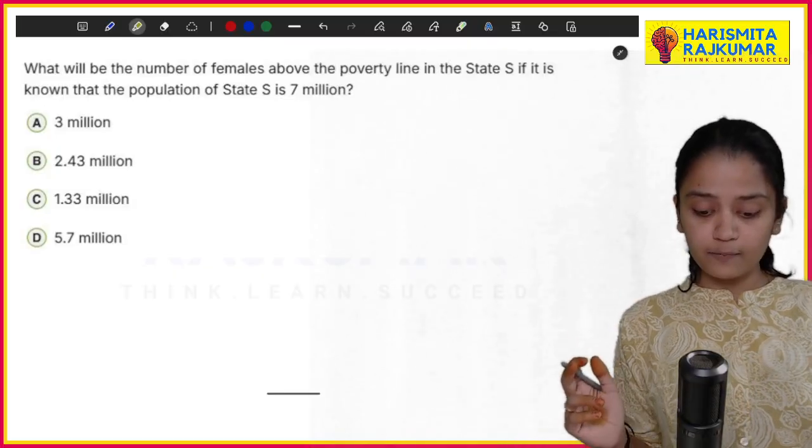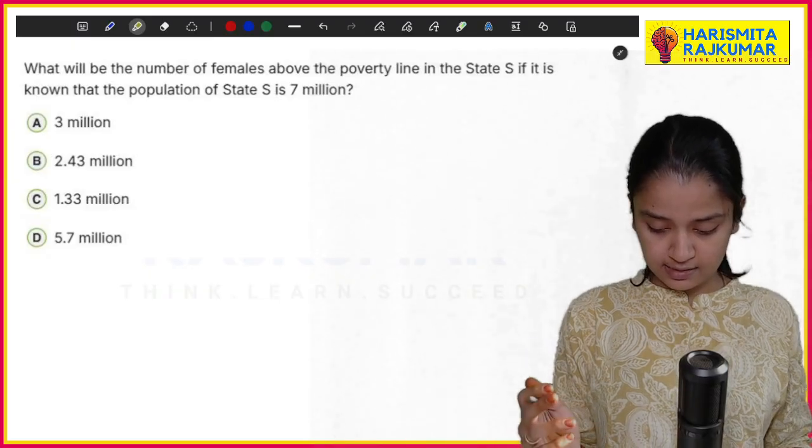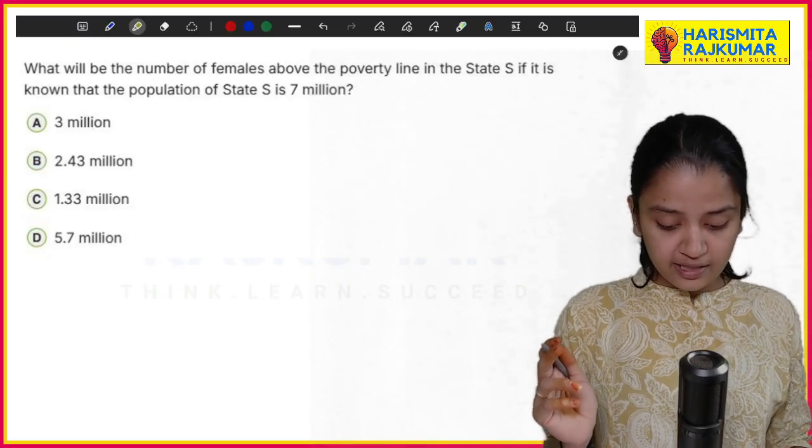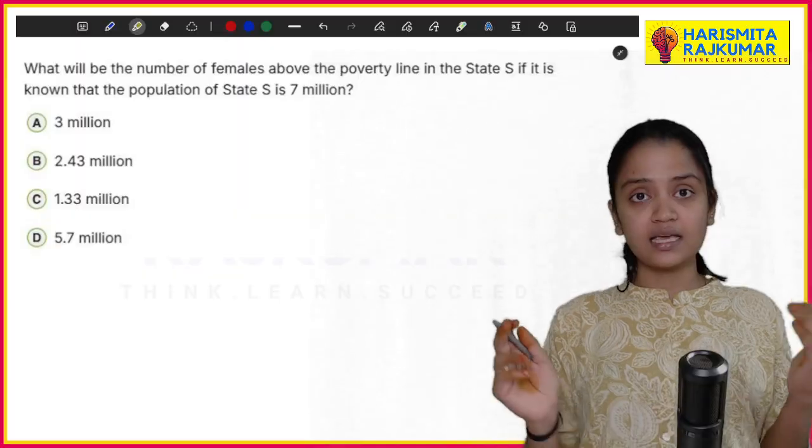What will be the number of females above the poverty line in state S, if it is known that the total population of S is 7 million?